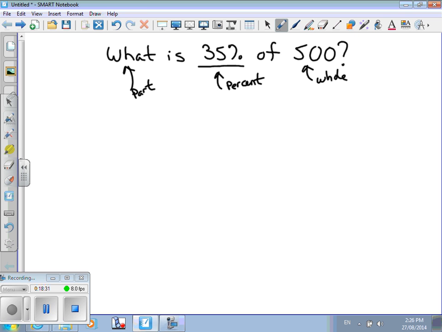Setting it up as you've learned already, we'll put the part, which is a thing we don't know, over the whole, which in this case is 500, and the percent over 100. Now that we've set it up, we'll do the easy piece, which is taking the two knowns that are diagonal from each other.